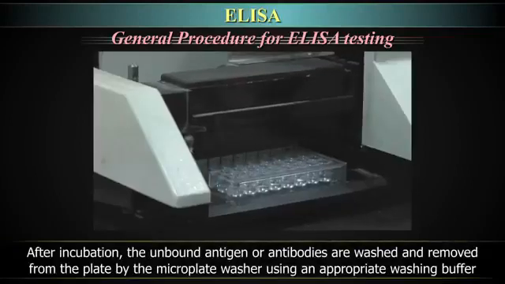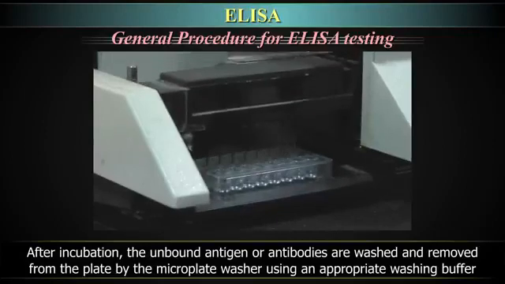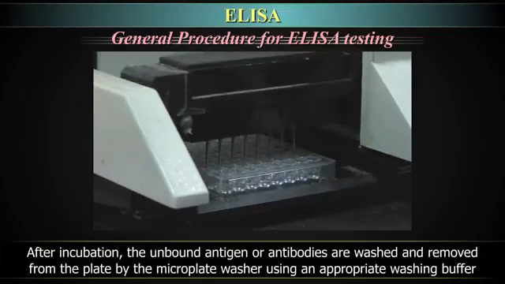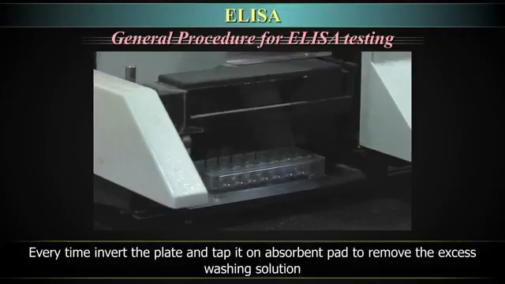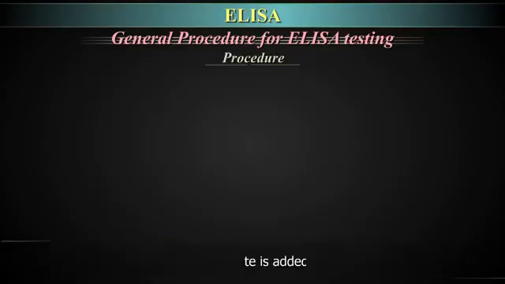After incubation, the unbound antigen or antibodies are washed and removed from the plate by the microplate washer using an appropriate washing buffer. Every time, invert the plate and tap it on absorbent pad to remove the excess washing solution.